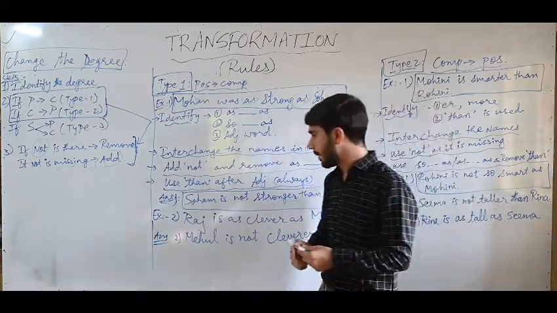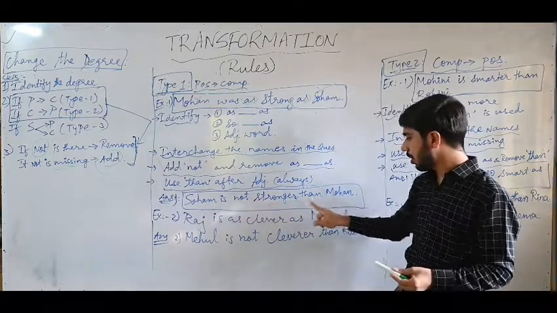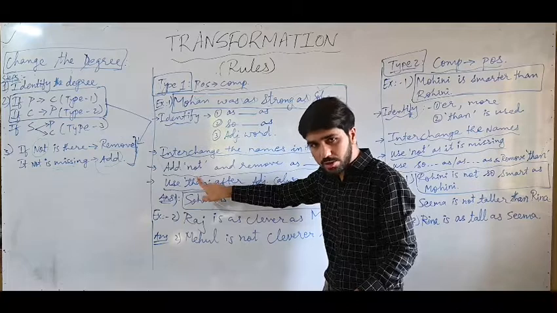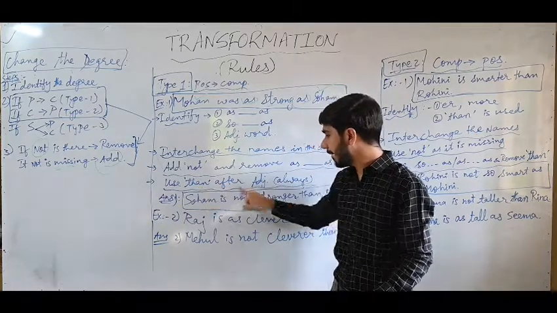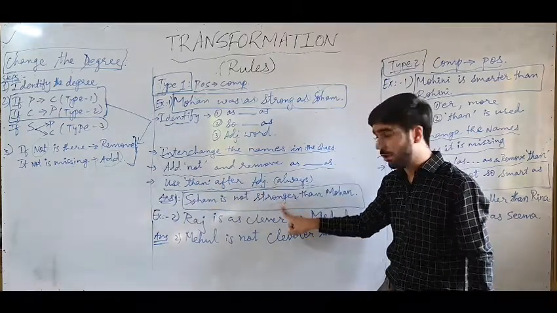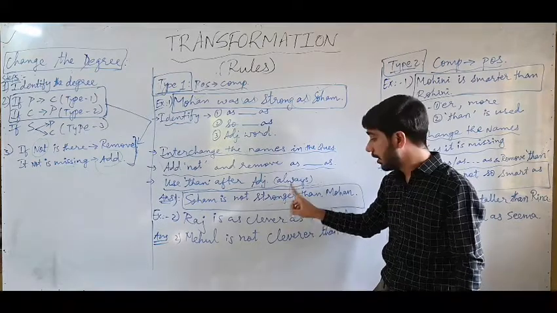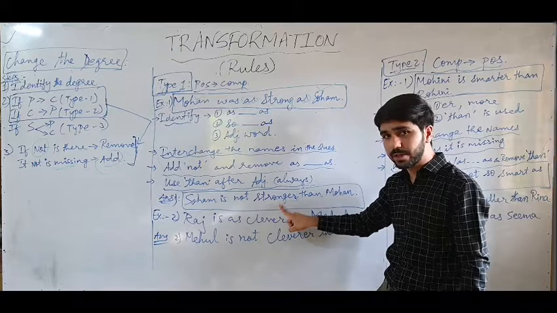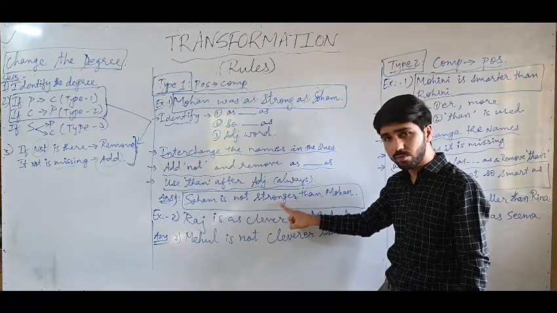Soham is not stronger than Mohan. So interchange the names, use not, then use than after the adjective. What is the adjective? Stronger. So always remember, use this word than after the adjective. This is our comparative adjective, right?